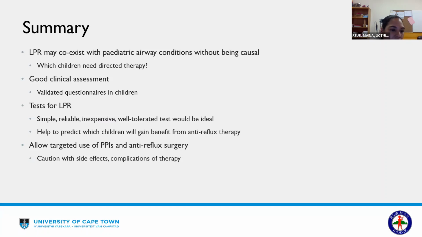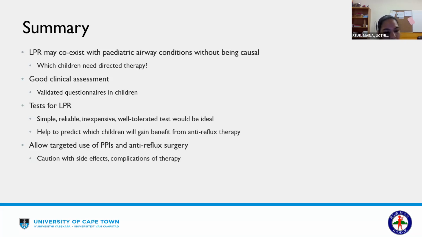The tests for LPR are often quite expensive and not tolerated well by the pediatric population, and more simple, reliable and inexpensive tests still need to be developed for these patients, as these would help predict which patients will gain benefit from anti-reflux therapy.